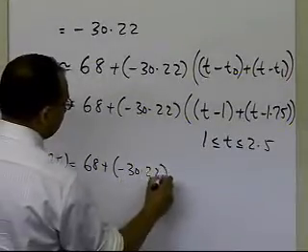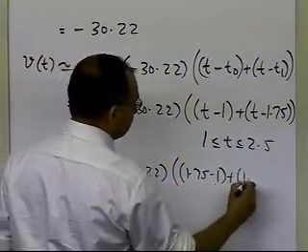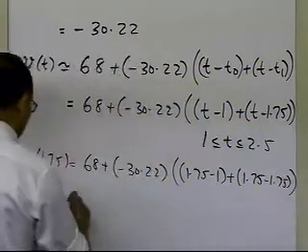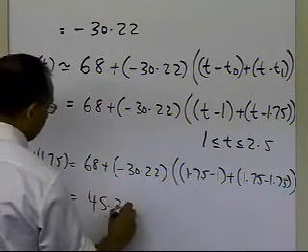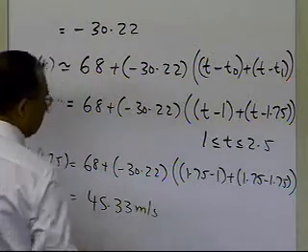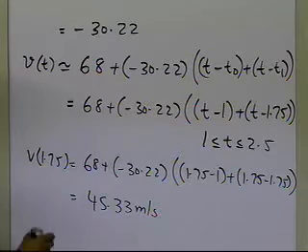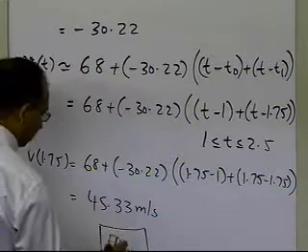We get 1.75 minus 1 plus 1.75 minus 1.75, and this value turns out to be 45.33 meters per second. That's how we use the divided difference polynomial method to develop derivatives of functions given at discrete data points, and that's the end of this segment.